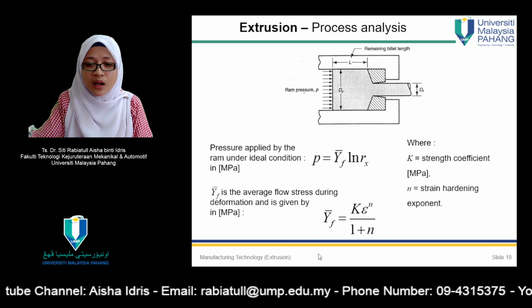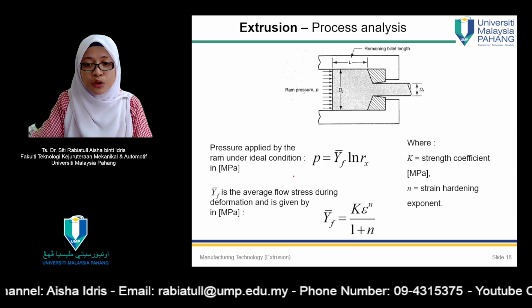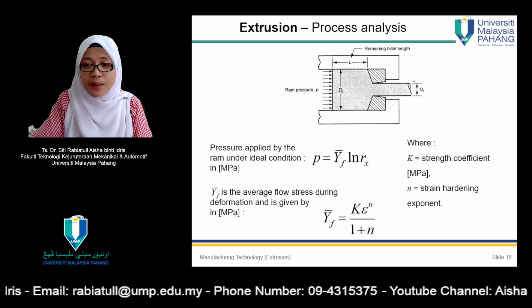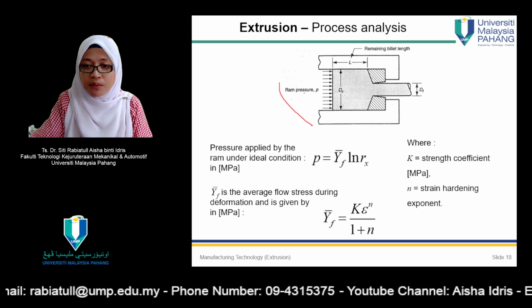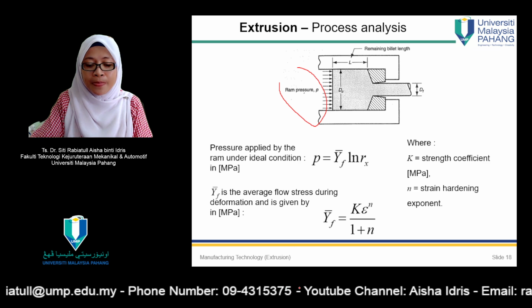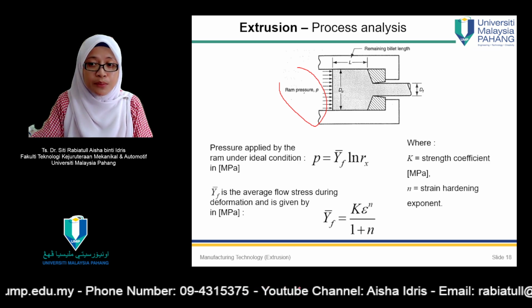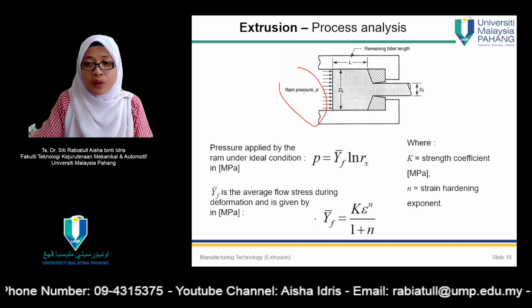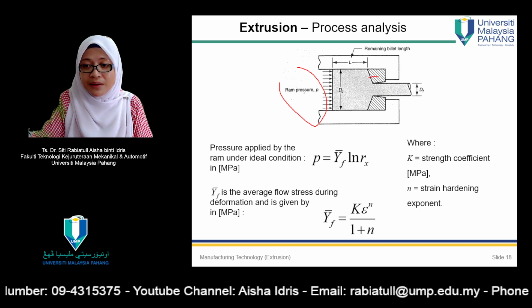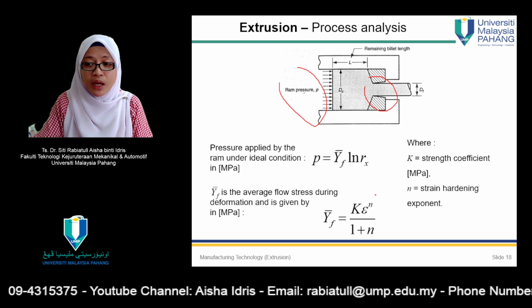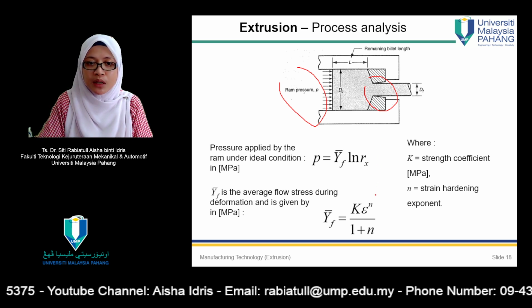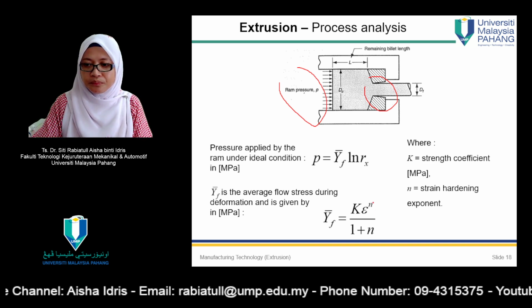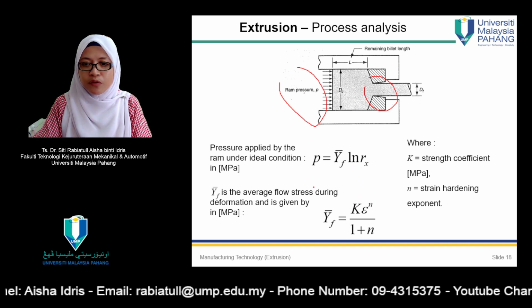Other than that, we also need to consider the pressure applied to the ram over here, because the higher the pressure being given to the billet, the faster it will pass through the die opening, which actually will affect the final product, our extruded product. And okay, so this is the formula for pressure.